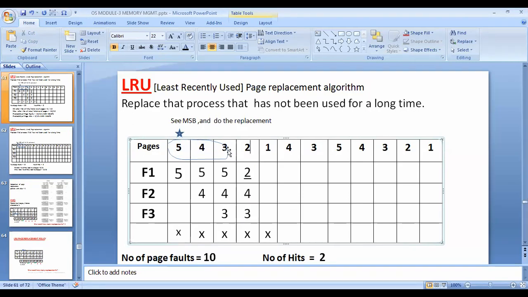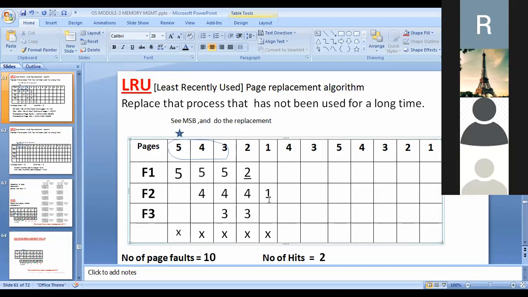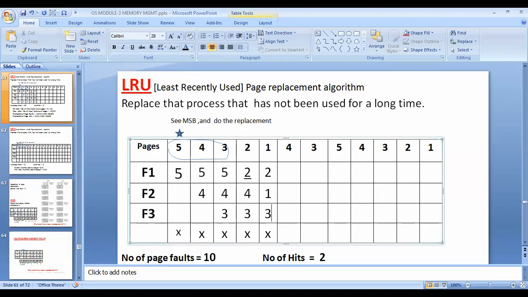So among 2, 3, and 4, the 4th page is at the MSB position. Hence, I need to replace page number 4 with the new page, that is 1, and I can retain page number 2 and page number 3 as they are. Is that clear? Yes, sir.